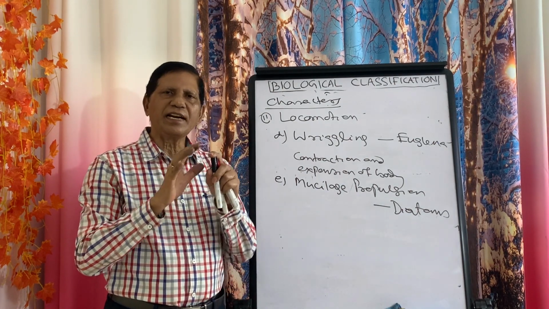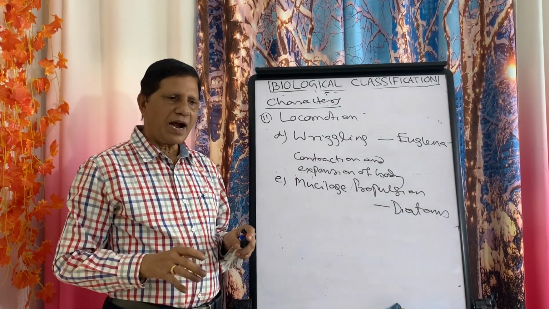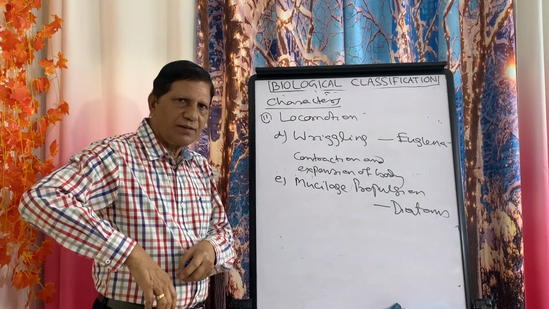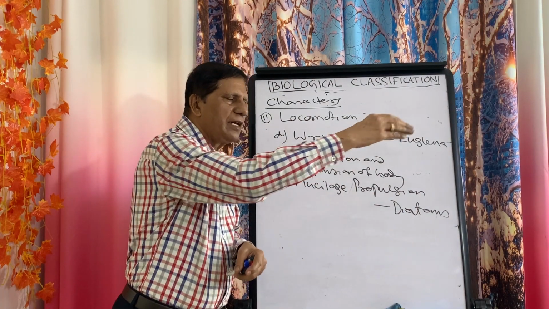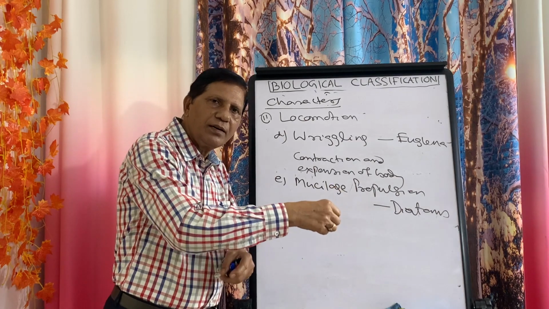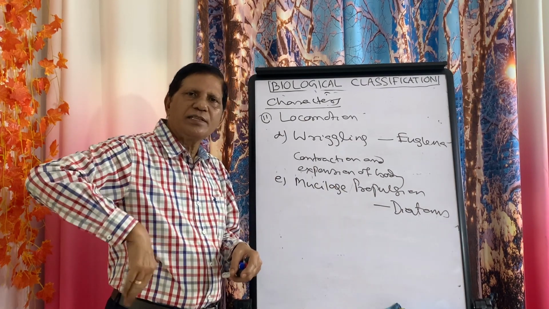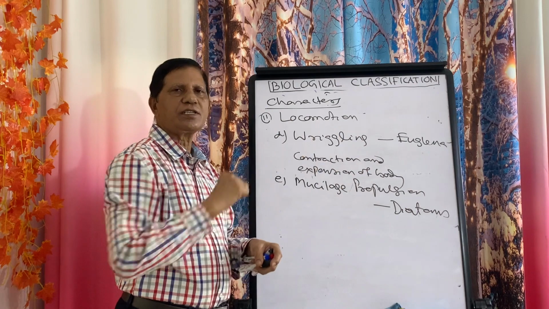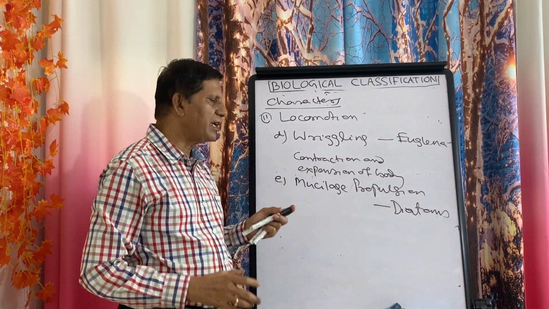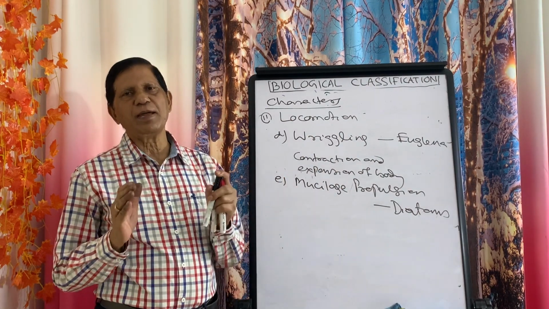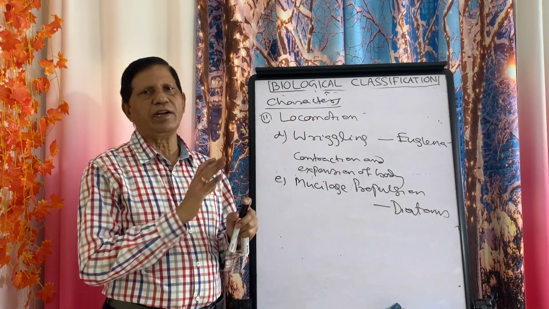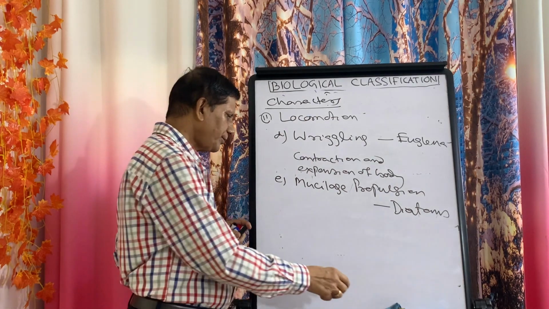The organism secretes a mucilage, and suppose they secrete to one direction, then the organism will move to the opposite direction to which the mucilage is secreted. That is known as the mucilage propulsion. These are the 5 types of locomotion found in different types of protists.